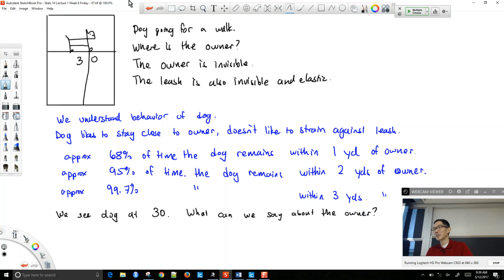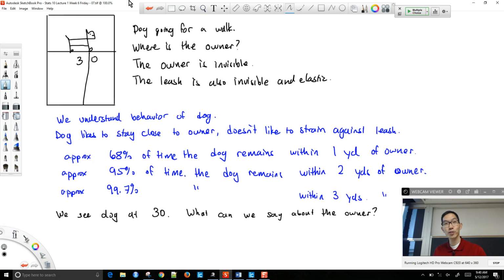Yes, and all right, what would you give for a good range of where you think the owner might be? So I can make a statement something like, I'm 95% confident that the owner is between where and where?